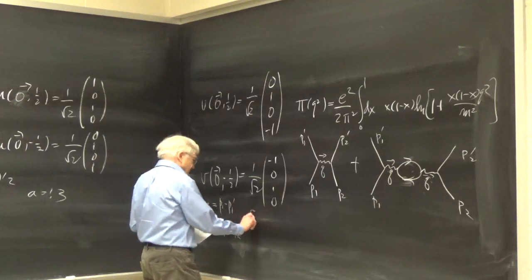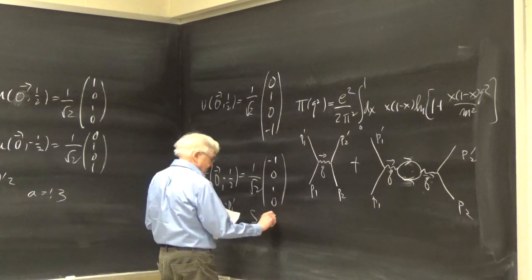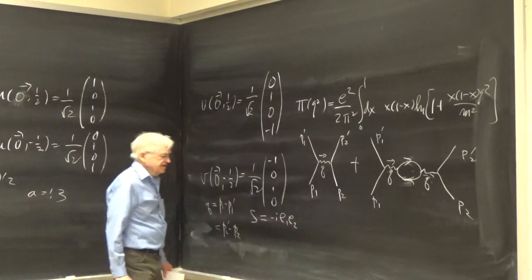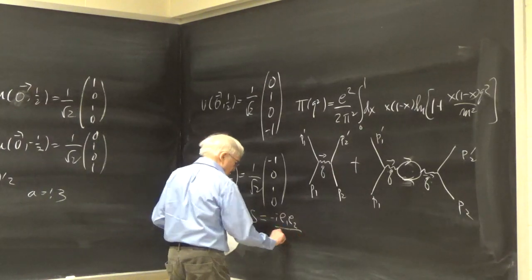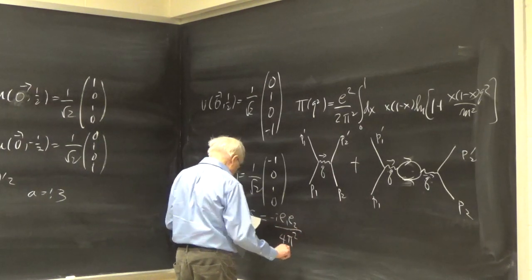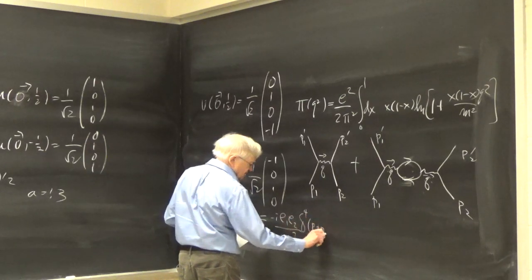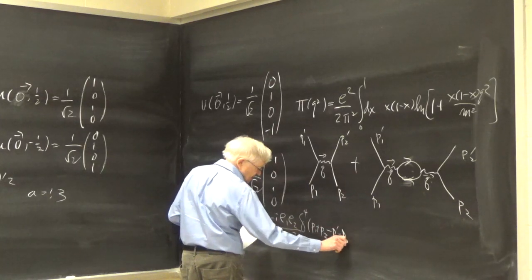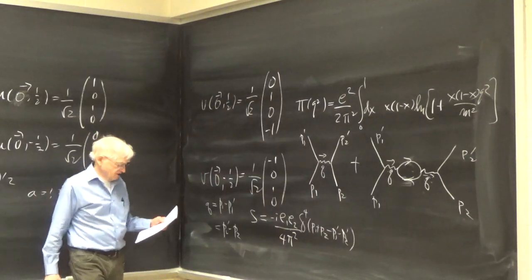And so the amplitude for this is, imagining that these are charges e1, e2 over 4 pi squared, a delta fourth of p1 plus p2 minus p1 prime minus p2 prime, so total four-momentum conservation.